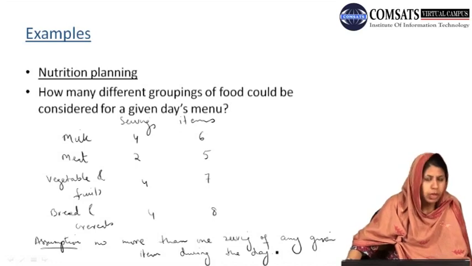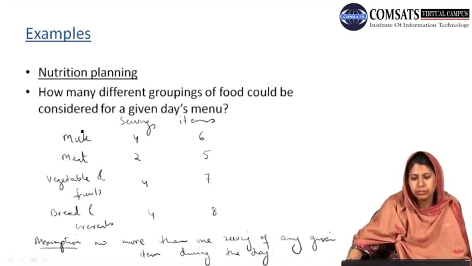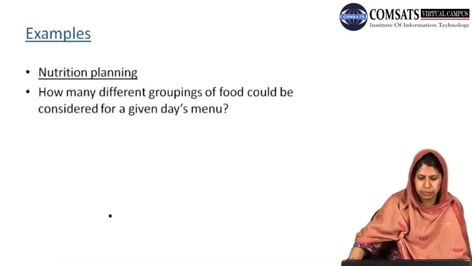So how will we proceed? First we will find the number of different combinations for the milk, then the number of different combinations from the meat section, the number of different combinations from the vegetable and fruit section, and the number of different combinations from the bread and cereal section.